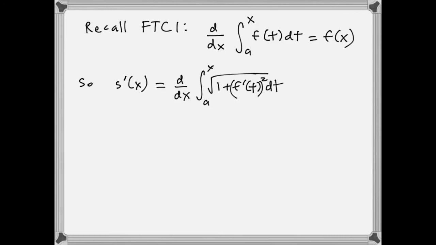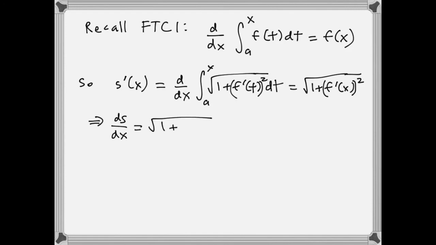Using the fundamental theorem of calculus, that just gives me the inner function with an x instead of a t. Okay? So what does this imply? This means that ds/dx is actually equal to the square root of 1 plus f prime of x squared.